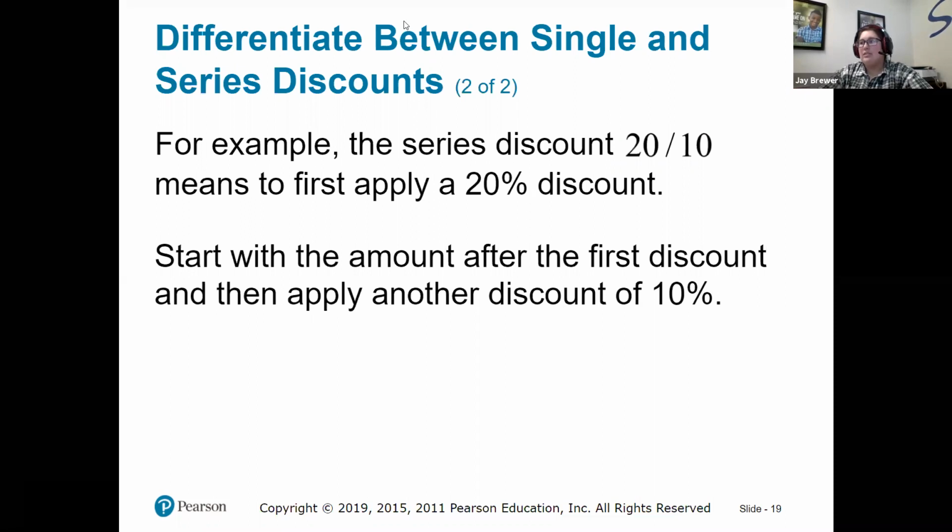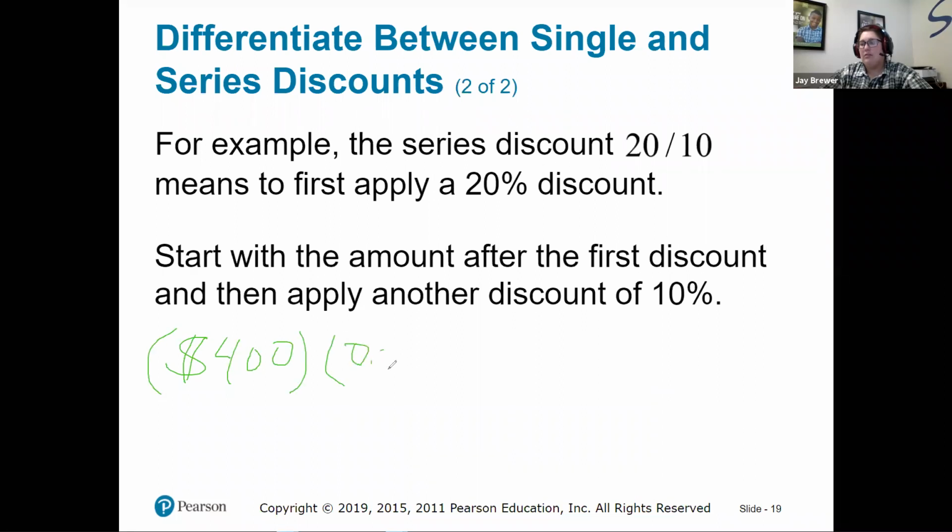So basically what they're saying here is, let's go easy on ourselves. Let's say we have $400 and the first discount is 20%. The first thing we have to figure out is what is 20% of 400. $80, very good.